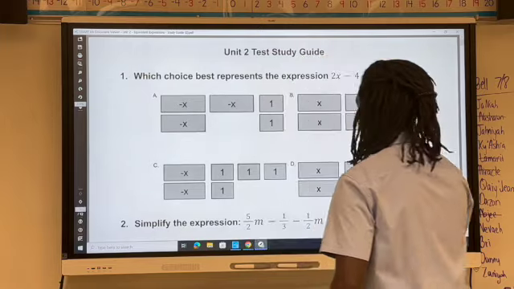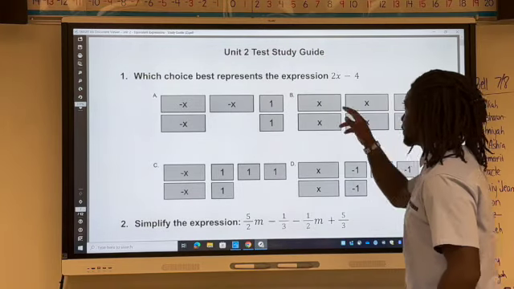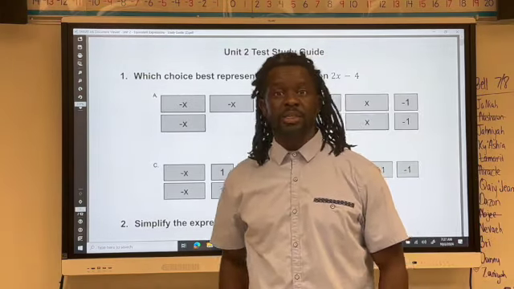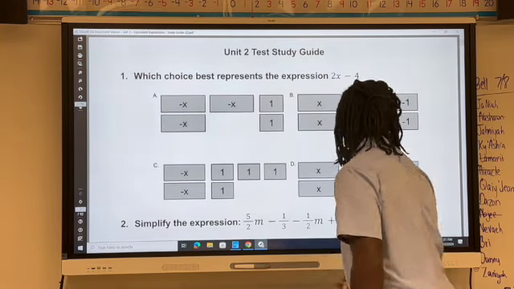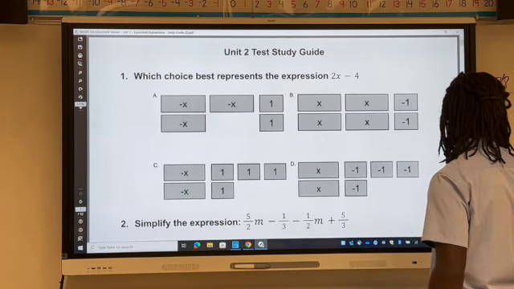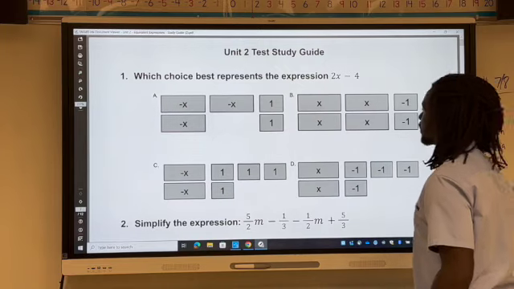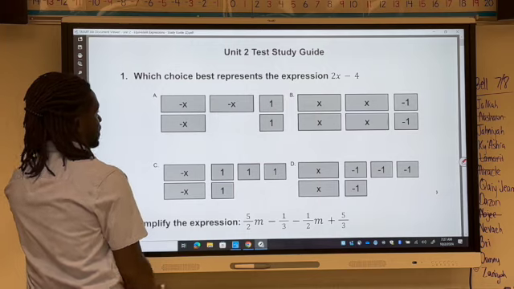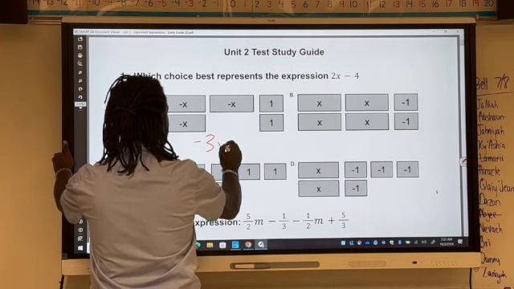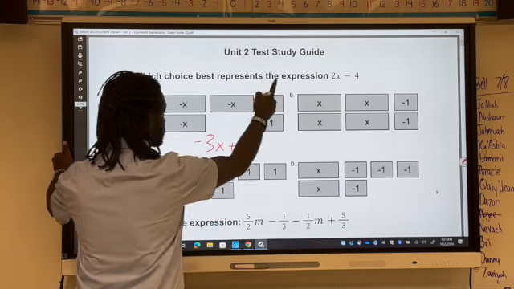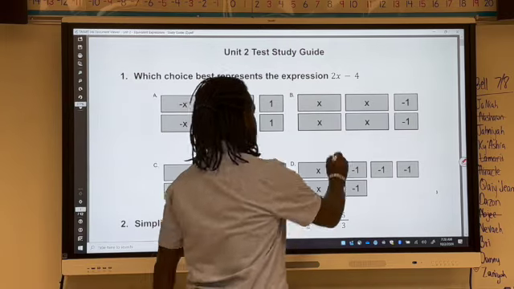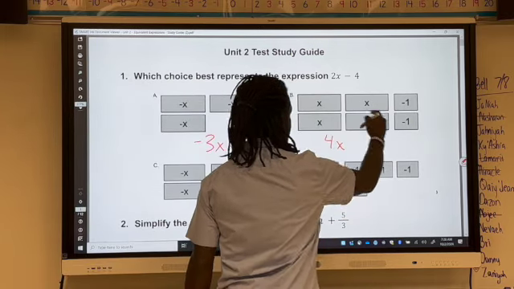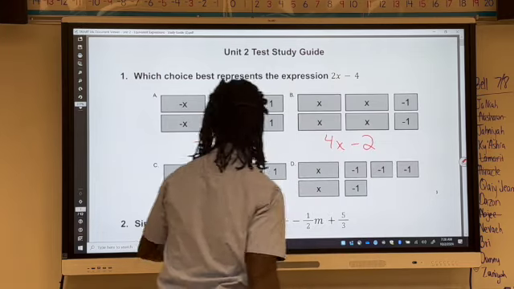So in this first one, which choice best represents the expression 2x minus 4? To solve this one, I'm going to be looking for 0 pairs. And so I'm going to be canceling out and simplifying it. Okay, this one is negative 3x and then a positive 2. That doesn't match. This one is 4x negative 2.